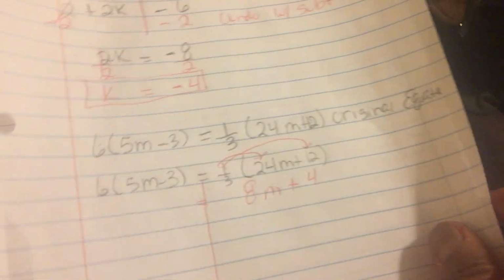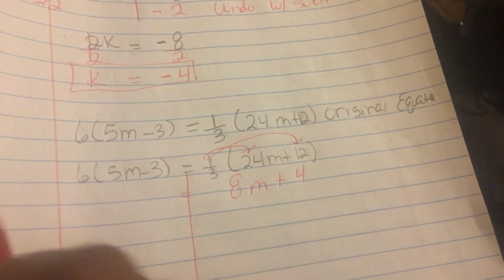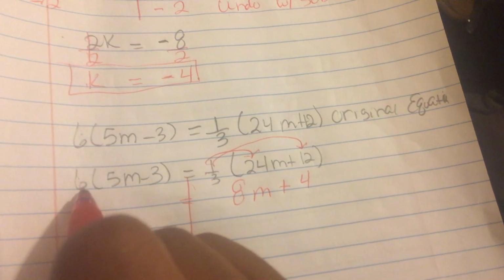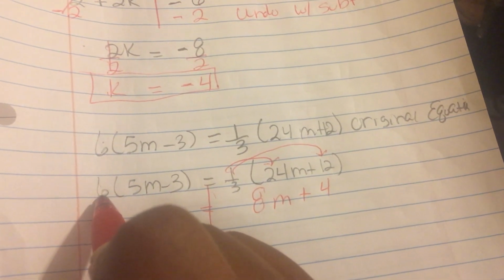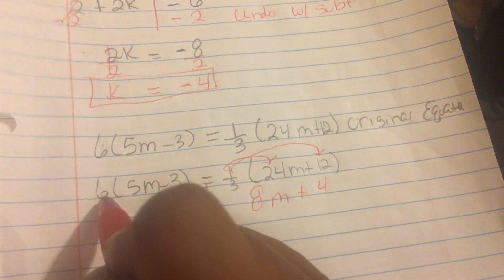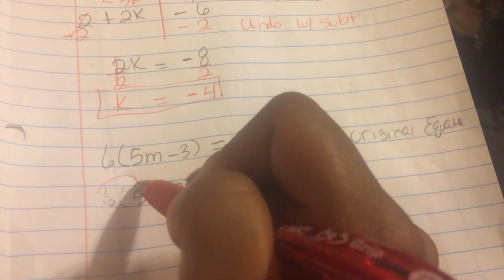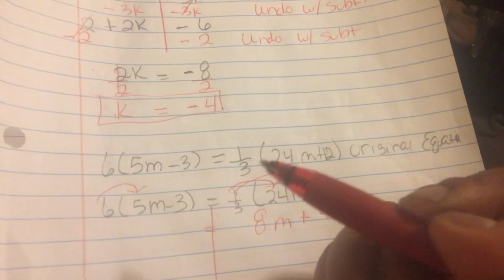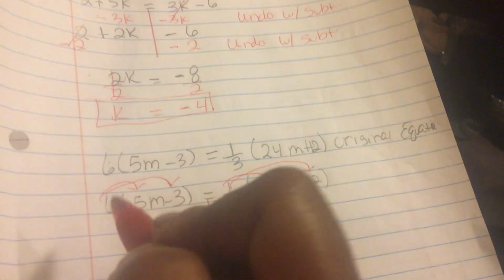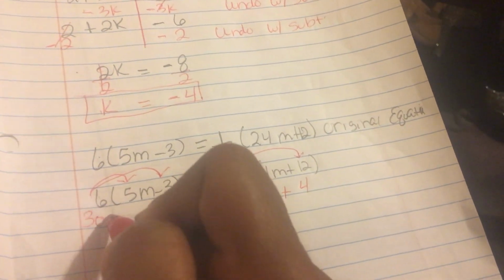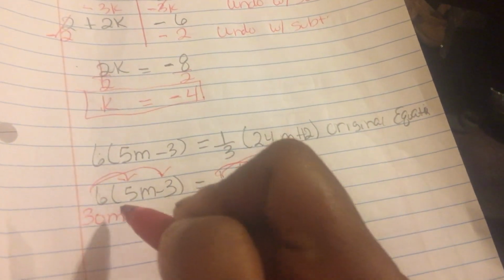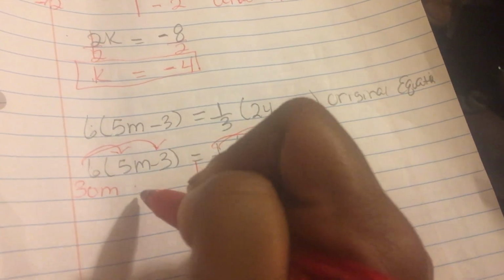Well no, we can't copy everything else down. We have another set of parentheses. So now we need to clear this set of parentheses by using the distributive property. We're going to multiply the 6 times the 5m, and we're also going to multiply the 6 times negative 3. 6 times 5m will give us 30m, and then 6 times negative 3 will give us negative 18.